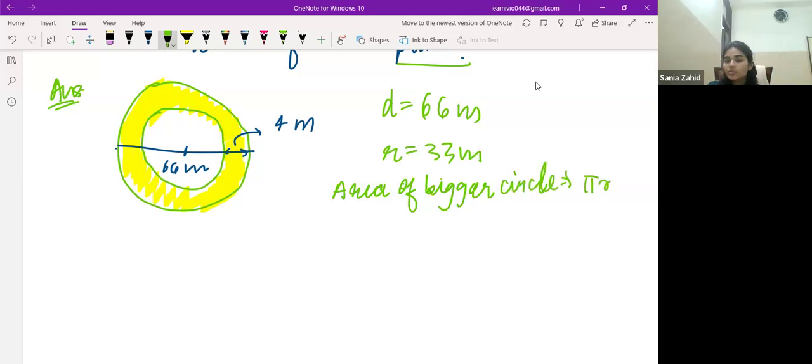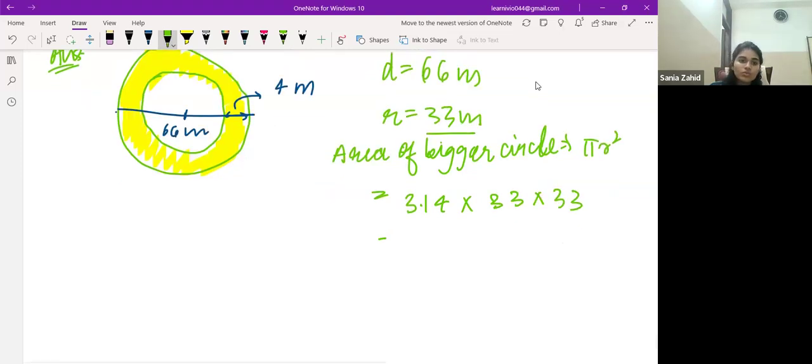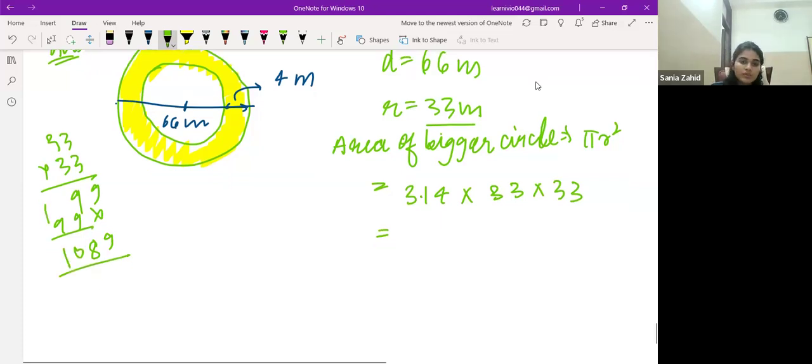Pi r square. So it is equal to 22 upon 7, but you have to take 3.14, into r square. So r square is 33 into 33. Right? So you do 33 into 33, which is 1089. Now you multiply this with 314.